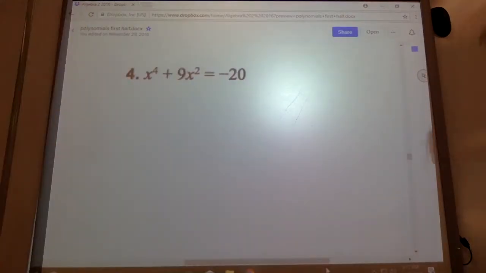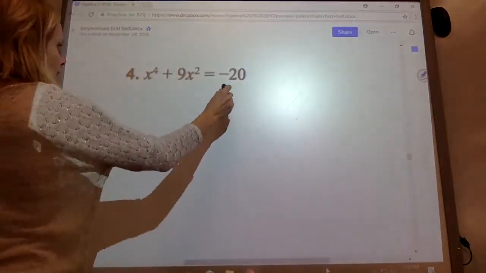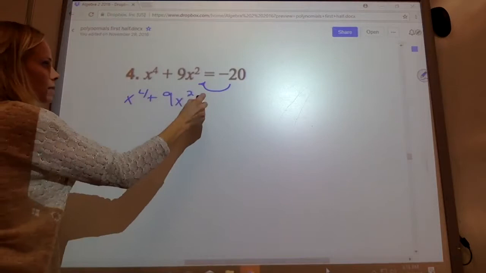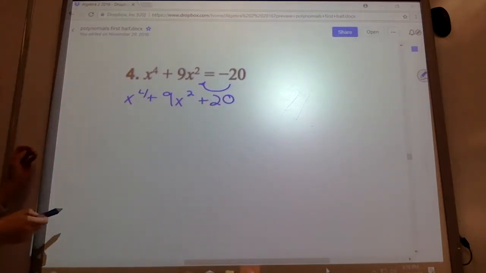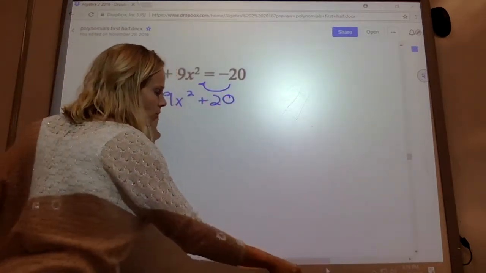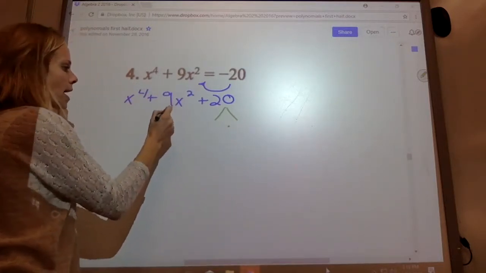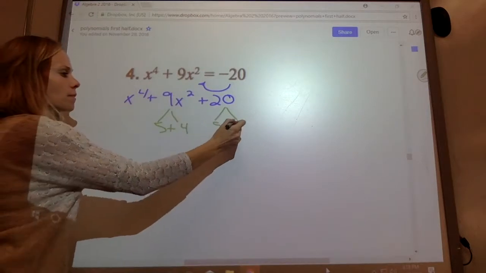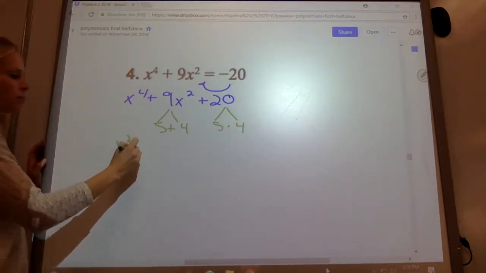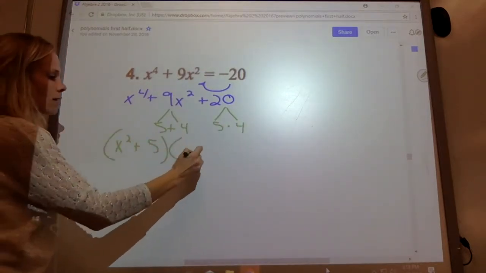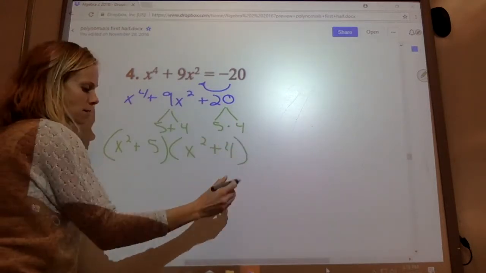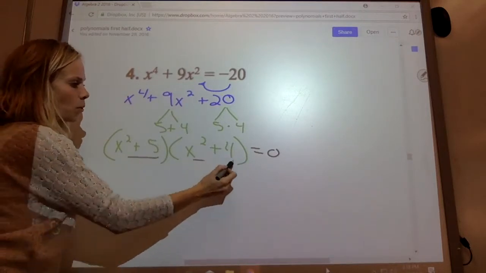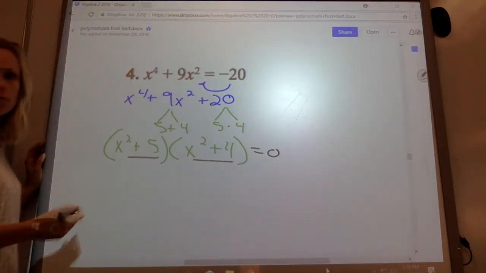So what am I going to do first on this one? You're going to have to add the 20 over. Very good. Now factor. What do I multiply equals 20, but add equals 9? Very good. 5 and 4. So I would say (x squared plus 5)(x squared plus 4), right? And if this equals 0, I'm just going to set both parts equal to 0 and solve.